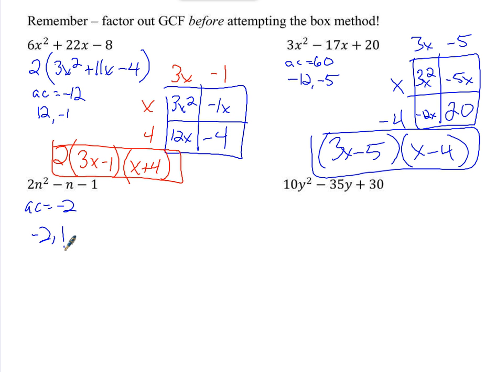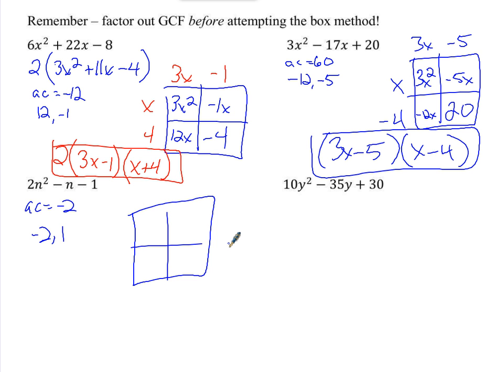I know. I'm just explaining it. Okay. So we have negative 2 times positive 1, which is negative 2. Negative 2 plus 1, which is negative 1. So those are the correct answers. The nice thing about very small numbers is there's not a whole lot of choices. We really only had 2 choices. Now we can set up our box.